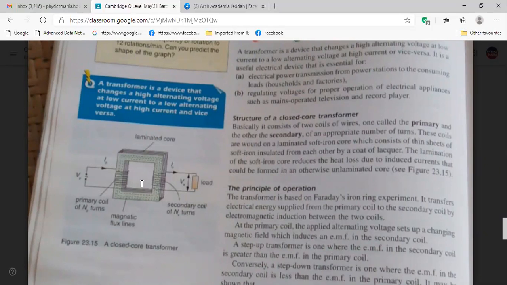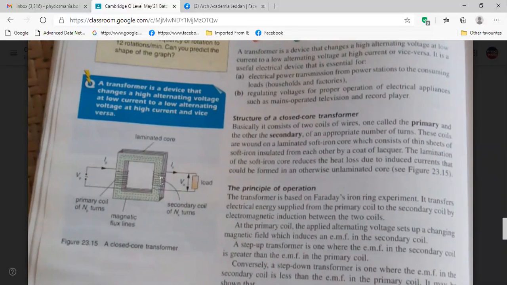So when we are having a changing magnetic field in the primary, that magnetic field lines are producing induced EMF in the secondary. This is called transformer. Is it clear?